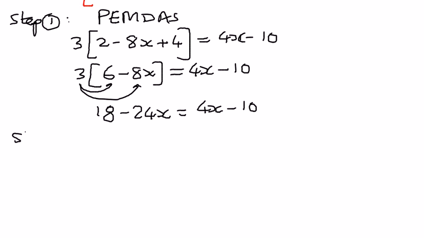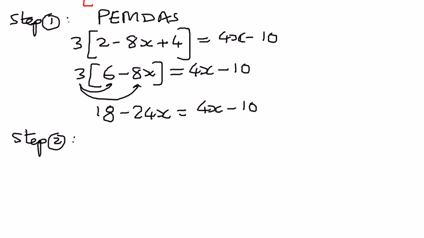To achieve that, let's go to the second step, and then it is our choice. Either we can eliminate the x term first or eliminate the constant term first, or we can eliminate both in one shot, but I want to break it into two different steps so you see the process happening.